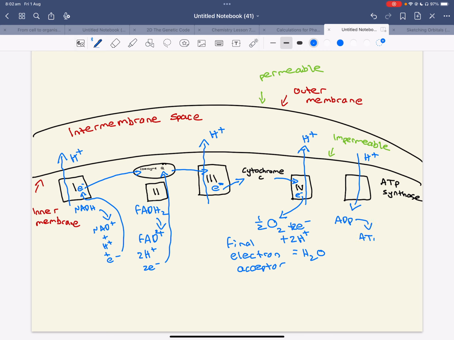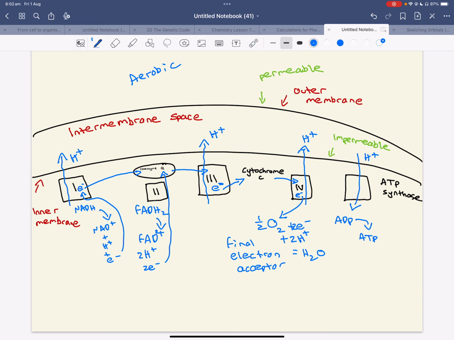So it's going to generate ATP. Okay? So now we're generating ATP, which is good. This is aerobic respiration, right? Why? Because we need oxygen. Aerobic, we need oxygen, okay?